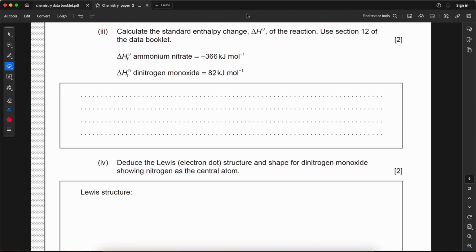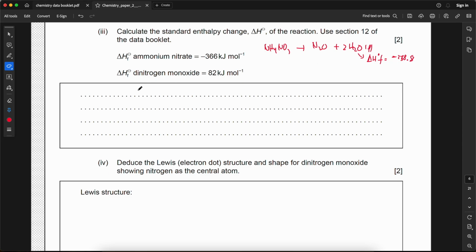Calculate the standard enthalpy change delta H of the reaction. Use section 12 of the data booklet. So the reaction is NH4NO3 producing N2O and 2H2O. If you check the data booklet section 12, you will get delta Hf of negative 285.8. Just be careful, it should be liquid because the data booklet also has it for gas.